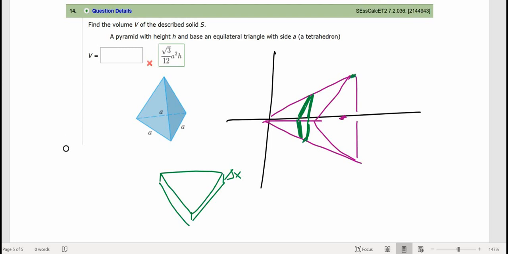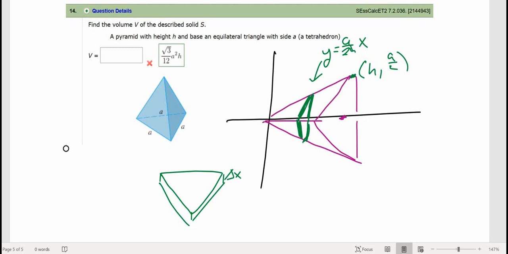Okay. Now looking at this top corner up here, since the height of the whole tetrahedron is h, I know this ordered pair is h, and the side length is a. That's the whole thing. So I'm thinking the y coordinate is a over 2 because it's half of that edge, right? So looking square on the side of that, I just have this rectangle, and this side of it is a over 2h times x, right?